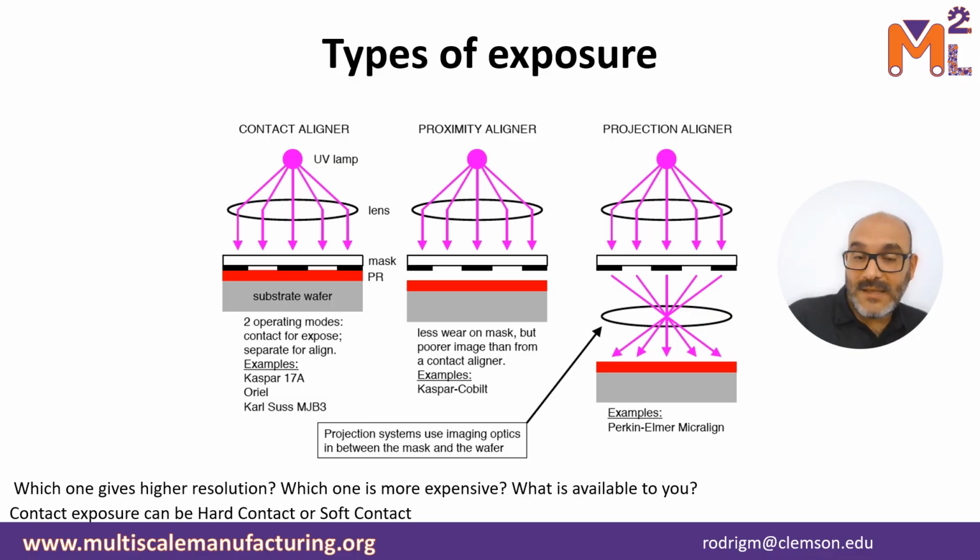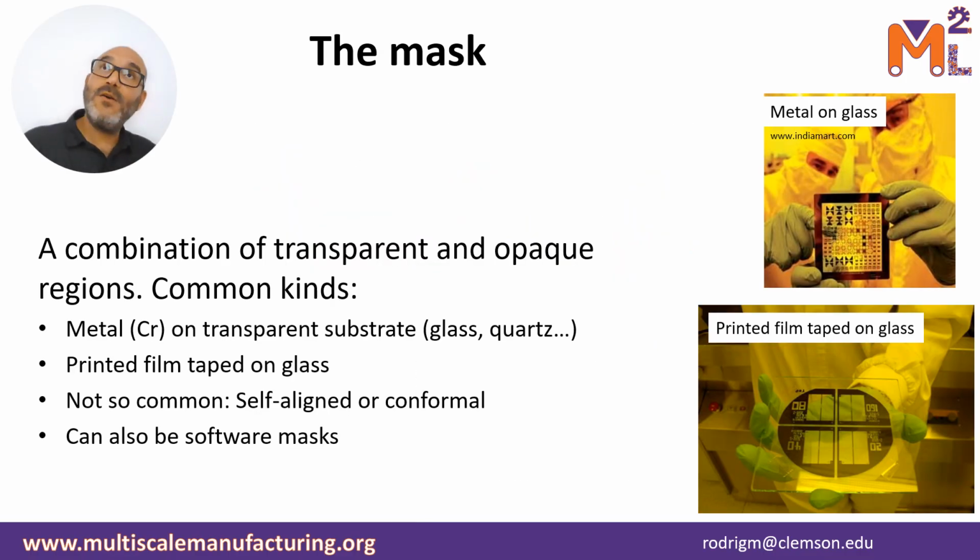So for the next slides, I will be focusing on the use of contact aligner or proximity aligner. In those cases, you can have two different kinds of masks. Two common types of masks are the ones pictured here. It can be a metal on glass, where you have a glass substrate that is transparent to 365 nanometers in our case, right?